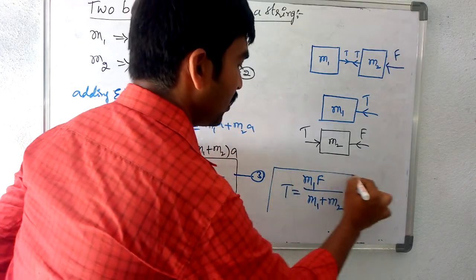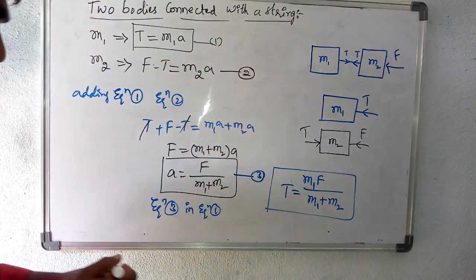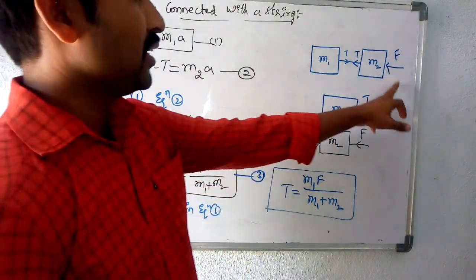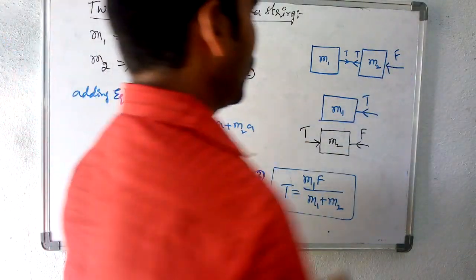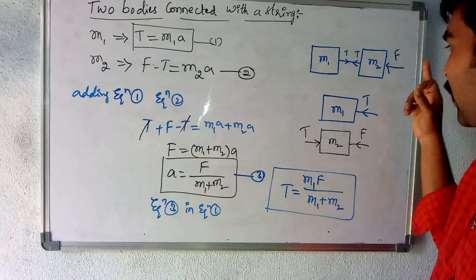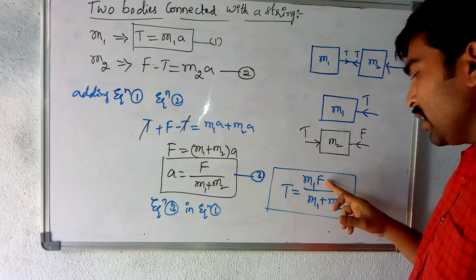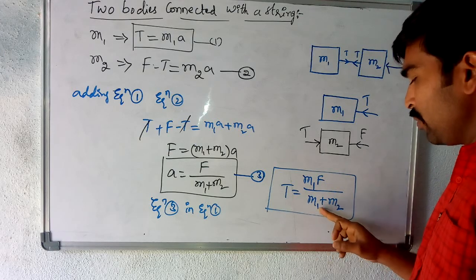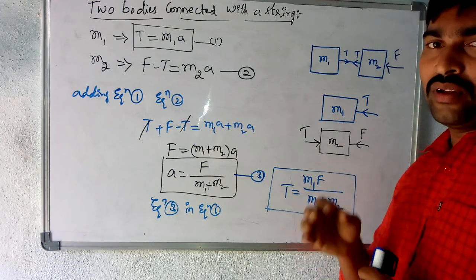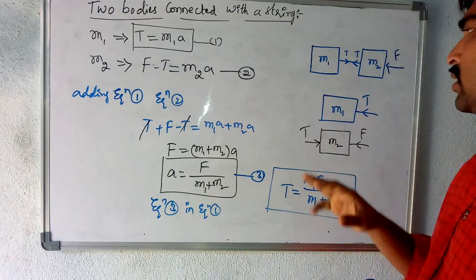So this is the tensional force of a given body when the force is applied on M2. When the applied force applies on M2, the tensional force is equal to M1 into F by M1 plus M2.